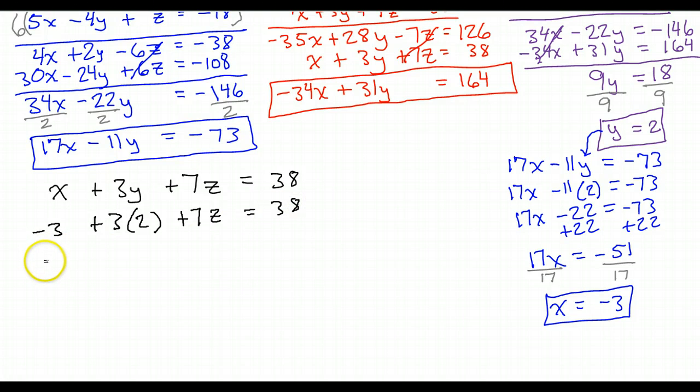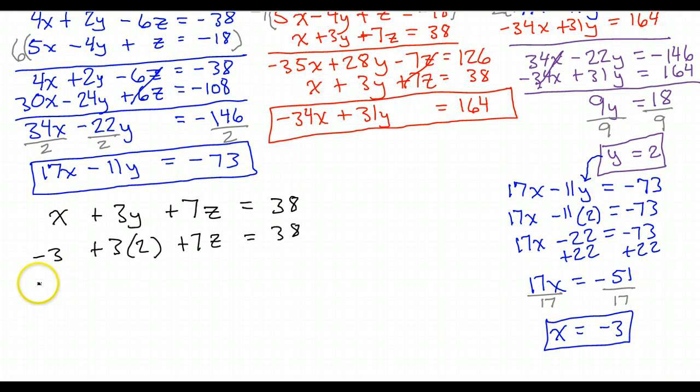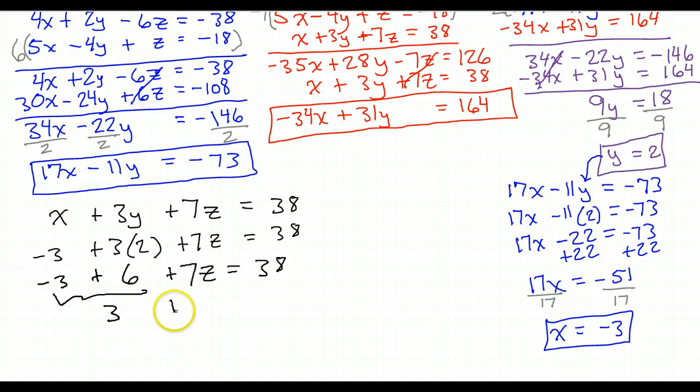So this will be negative 3 plus 6 plus 7z is equal to 38. Putting these two together, that gives us 3 plus 7z is equal to 38.